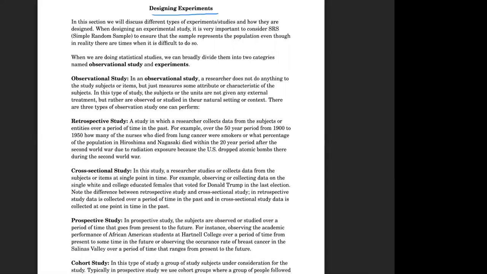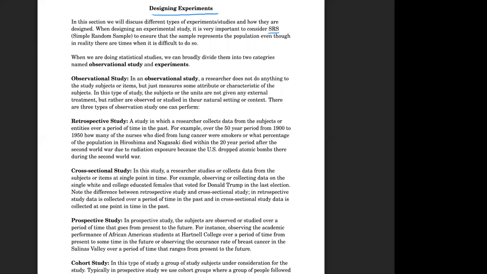One of the things, as I said before, when you're designing experiments, it's very important to consider SRS, meaning simple random sampling, to ensure that the sample represents the population. And also I mentioned here, in reality, it's not so easy to do all the time.